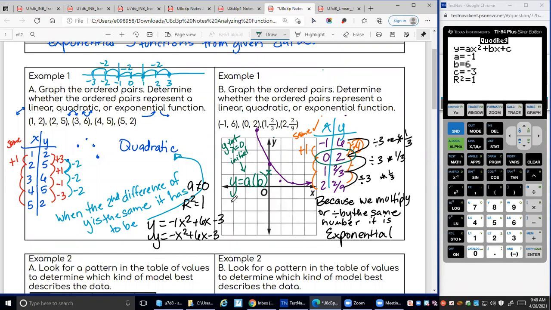So a is going to be equal to 2. B is the number that you multiply by every single time. Okay, so here we're multiplying by 1/3, to the power of x. And that's how you write that. Okay. Any questions on this?